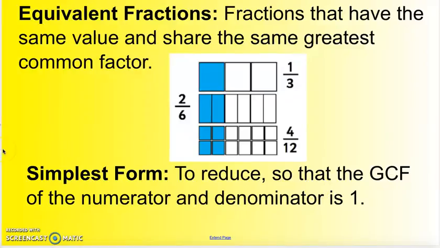But reducing into simplest form basically means that when we get down to simplest form, the greatest common factor that the numerator and the denominator will share is 1. For instance, the number 1/3, we have 1 as the numerator, 3 is the denominator. The greatest number that they share together, the greatest factor, is 1. And I'll show that to you in just a moment.